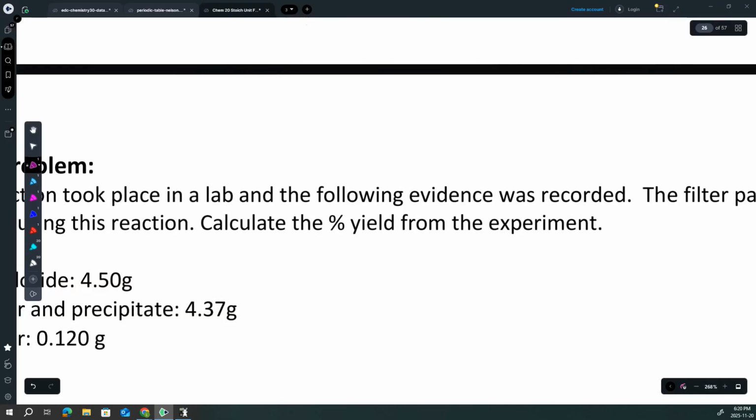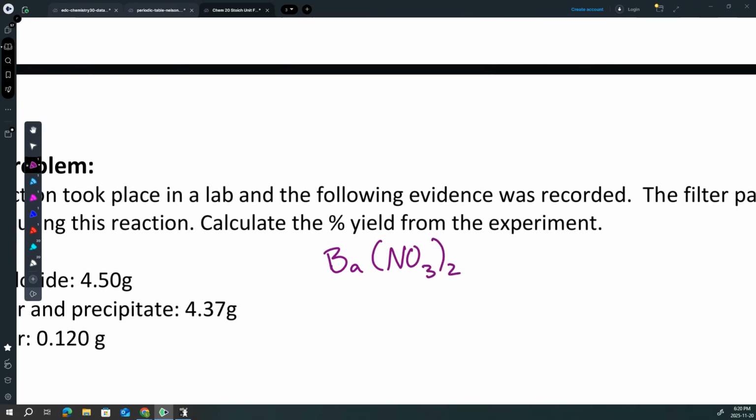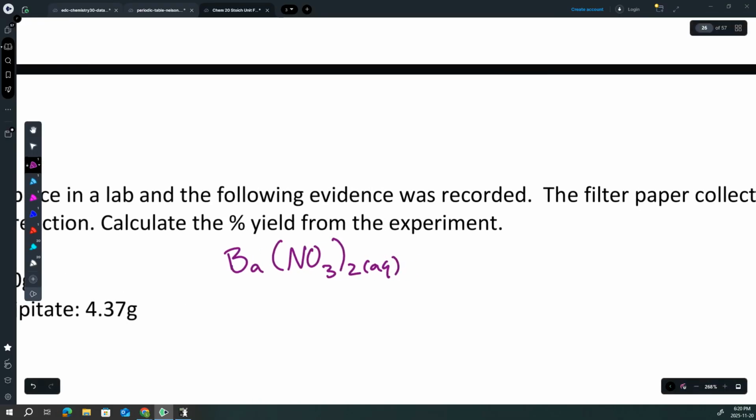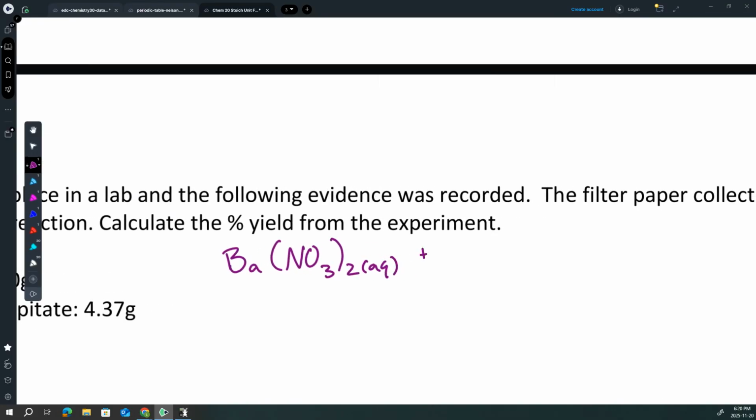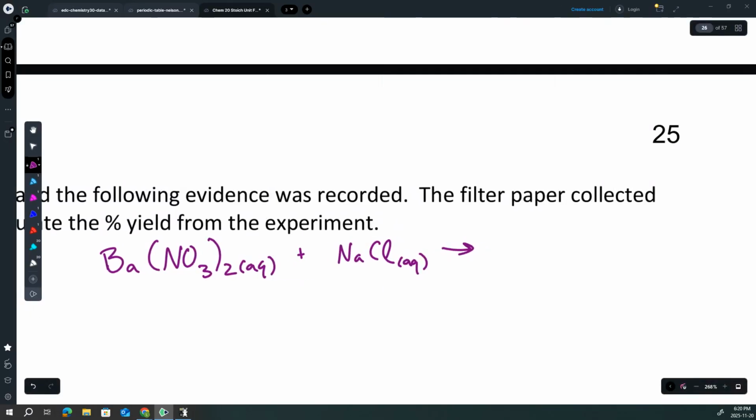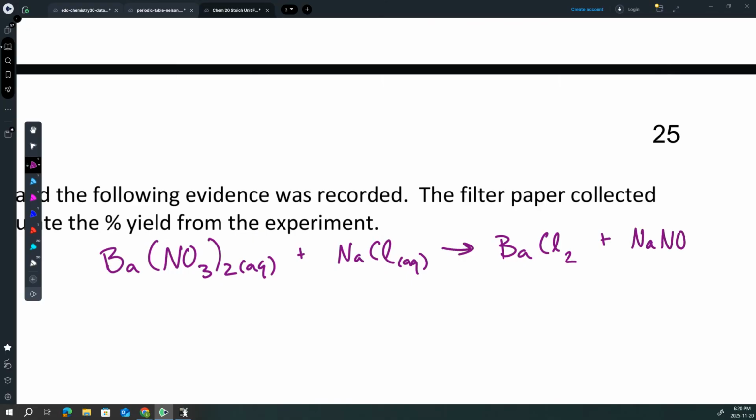The reaction that took place was barium nitrate solution reacted with sodium chloride solution, and it produced barium chloride and sodium nitrate.